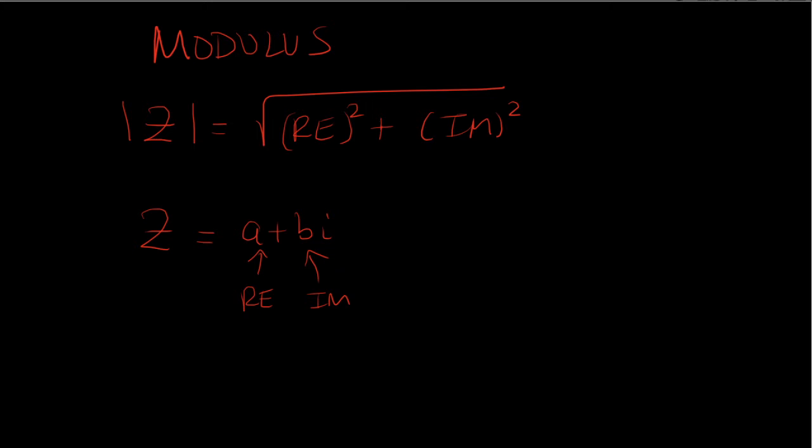The modulus measures the distance between the point and the origin. So if we have, for example, a plus bi, we'll assume here that a and b are both positive. Well, we go along the real axis a units, and in the imaginary axis, we go b units.